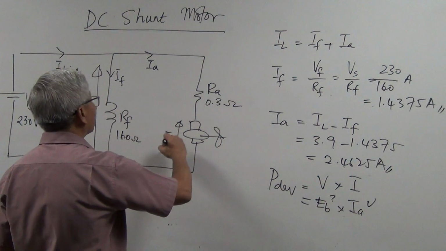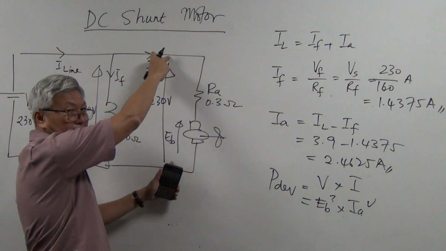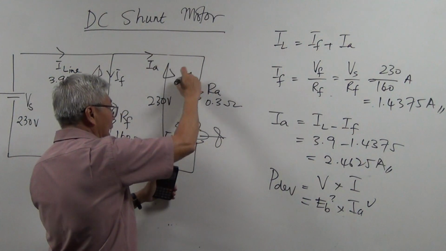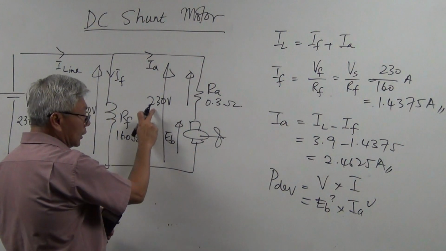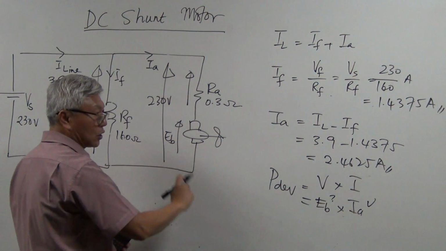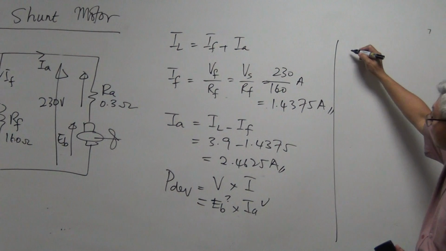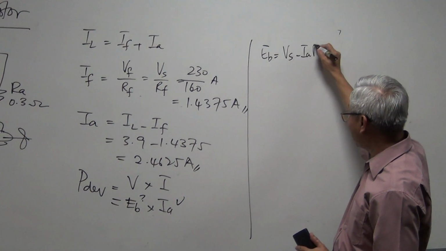Now, what is the total voltage here in this branch? Again, it's 230 volt, right? That is VS. If I know VS, I know IARA. Am I able to get EB? Yes. 230 volt minus my IARA will give me EB, right? By Kirchhoff's voltage law. So if I go to this working here, EB equals VS minus IARA.